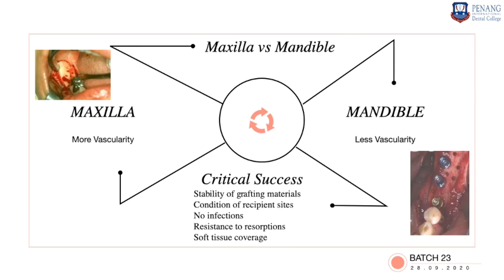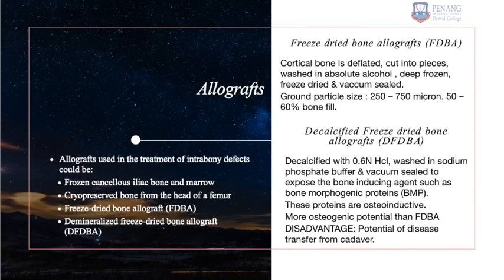So the next graft material is allograft. Allografts are graft materials which have been harvested from the same species but from different individuals. Allografts used in the treatment of intrabony defects include freeze-dried cancellous iliac bone or cryopreserved bone from the head, the cranial bone, a freeze-dried bone graft or a demineralized freeze-dried bone graft.